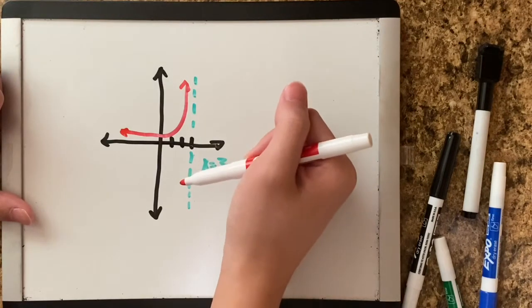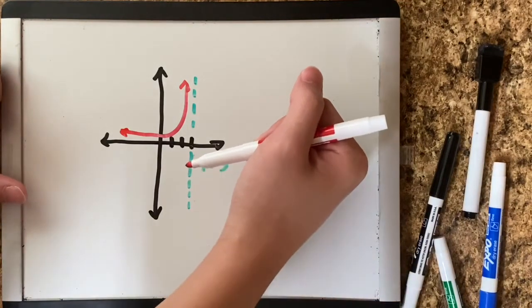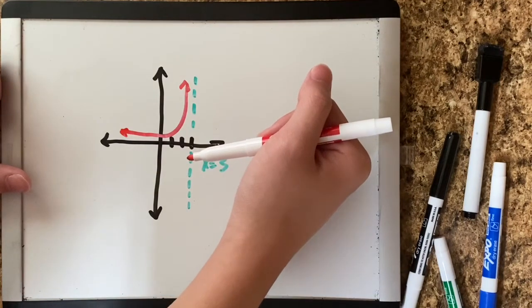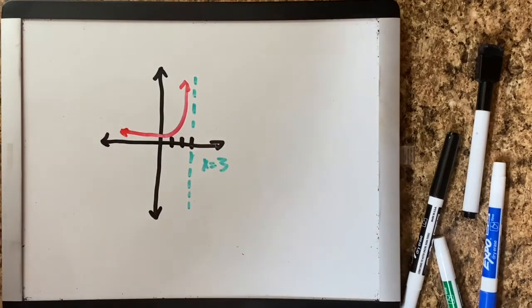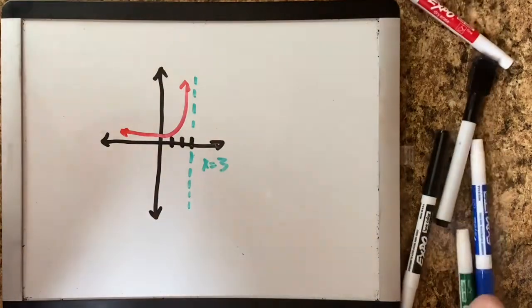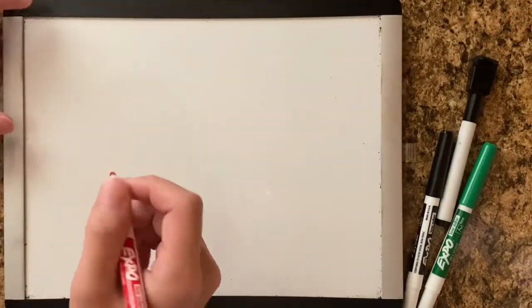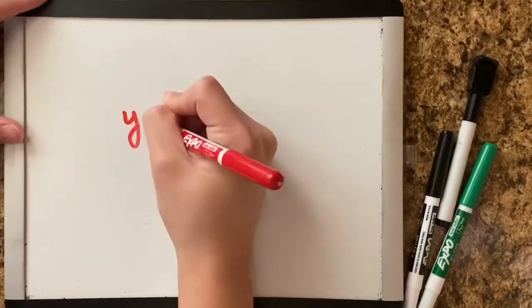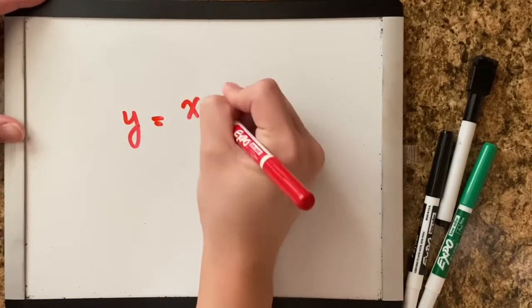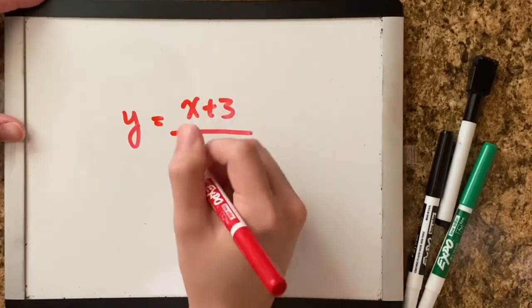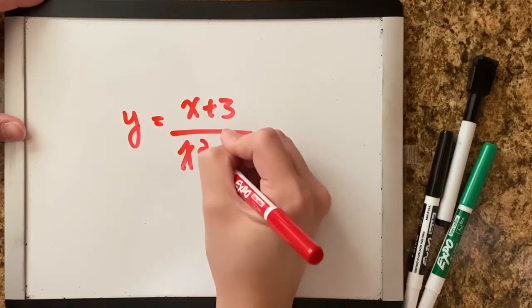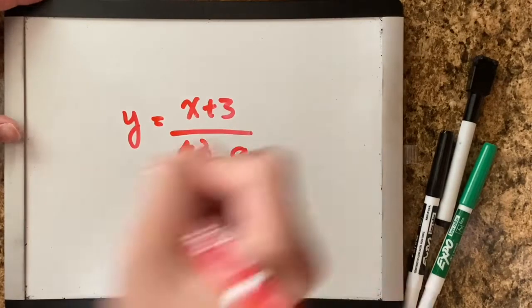So if we were given a function, how do we find the asymptote? Let's use this example that I got from purplemath.com. Your function will be y equals x plus 3 over x squared minus 9.